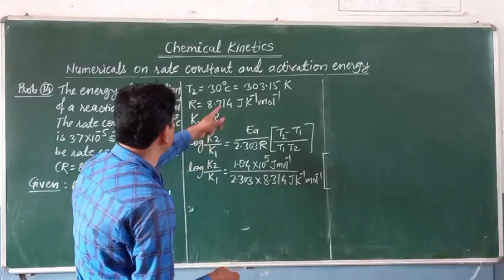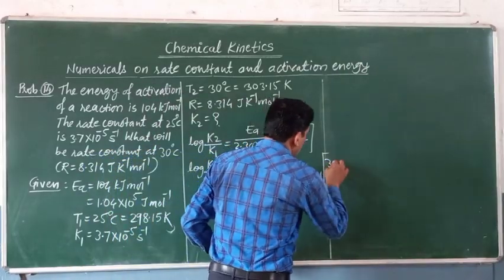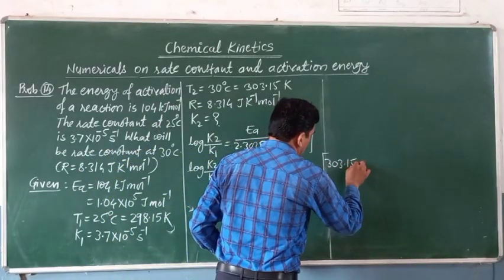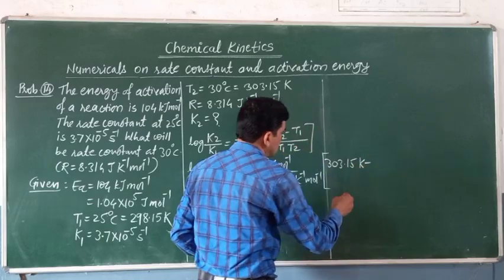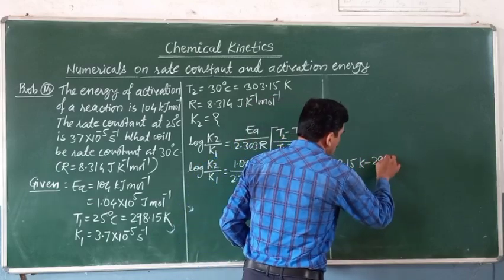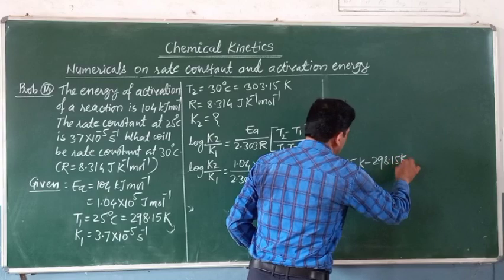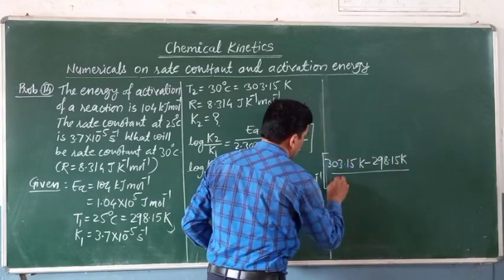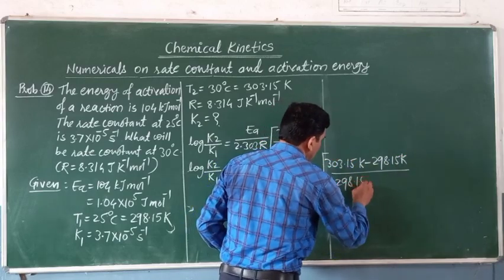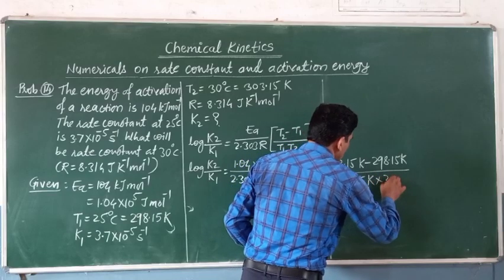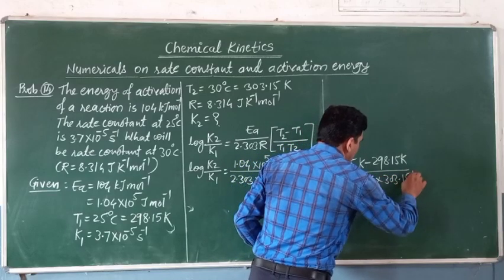Now here T2 is 303.15 Kelvin minus T1 is 298.15 Kelvin upon 298.15 Kelvin into 303.15 Kelvin.